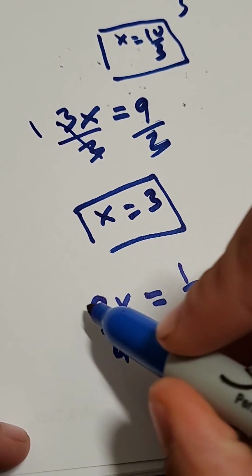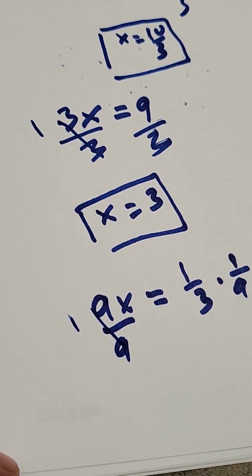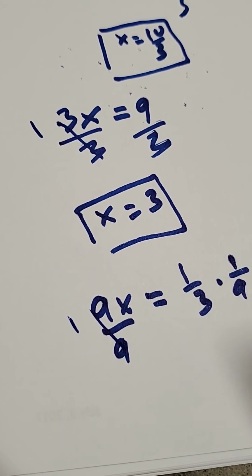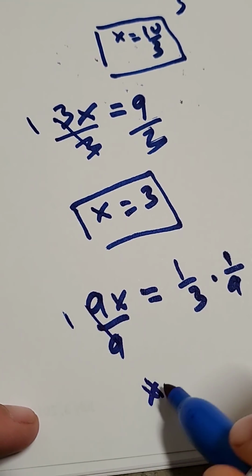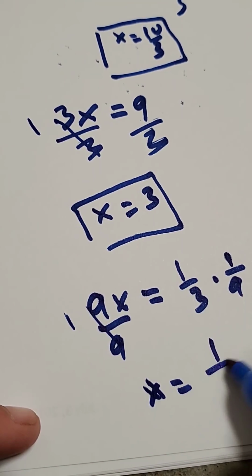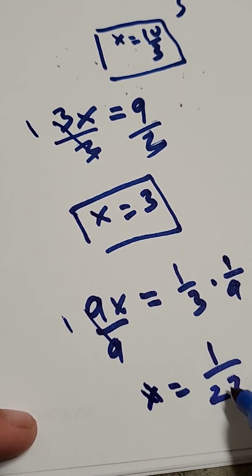So this cancels out to be 1. So we have 1x is equal to 1/3 times 1/9. So basic multiplying fractions, x is equal to 1 on the top, 27 on the bottom.